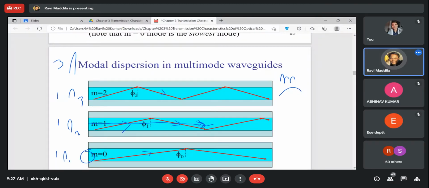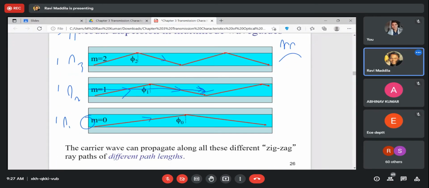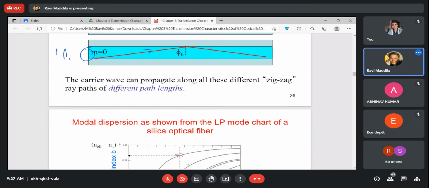So this is about dispersion in multimode fibers.